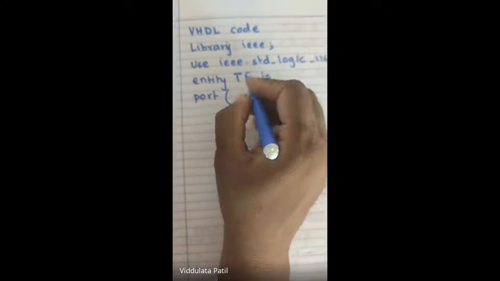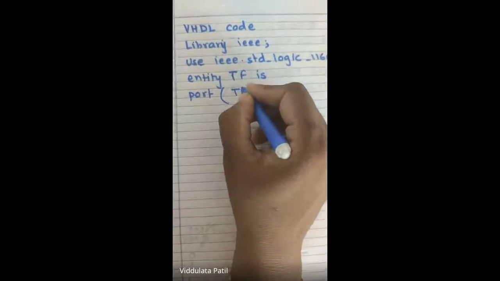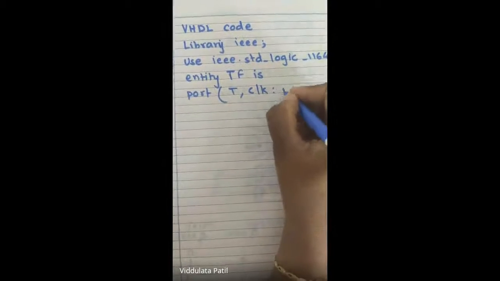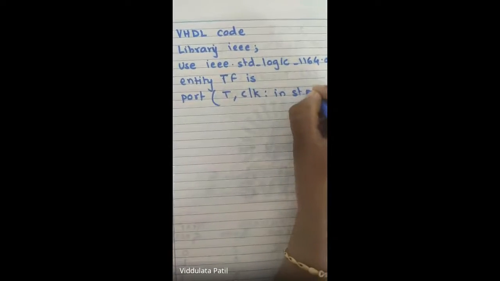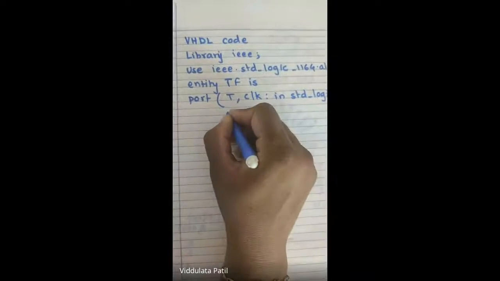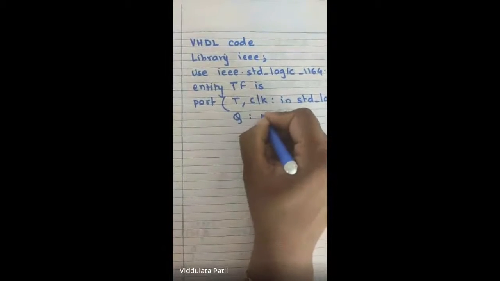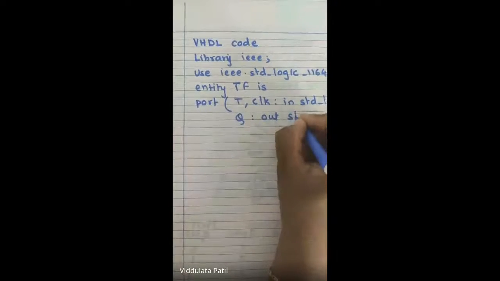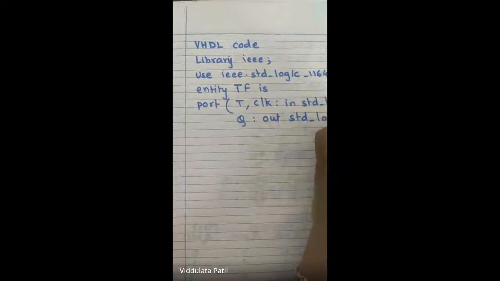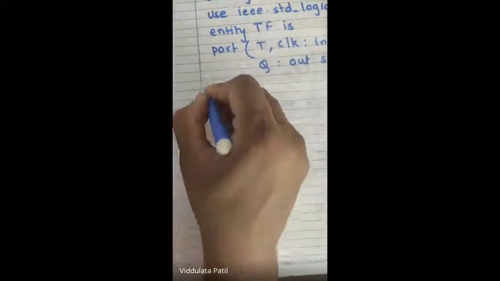So the input ports are T and clock, these are in, and the type is STD_LOGIC, and the output is Q, that is out, STD_LOGIC. Okay, and then end of this entity.